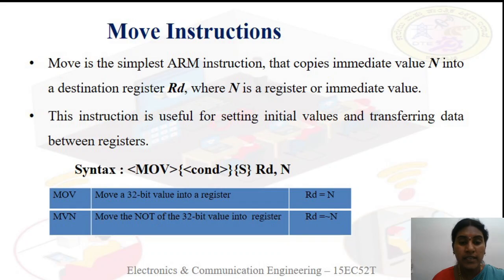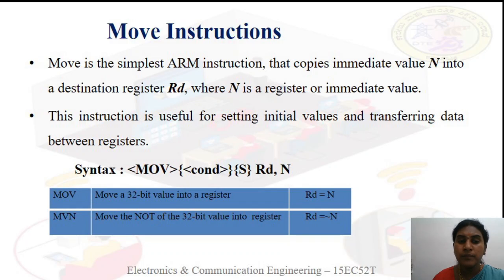the destination register Rd. In ARM we have two types of move instruction, that is MOV and MVN. MVN means move negative. MOV means move a 32-bit value into the register. That means the destination register Rd is N. It means you are directly moving the same content into the other register. MVN means move the NOT of the 32-bit value into the register.